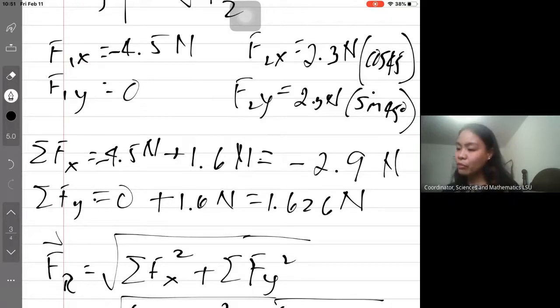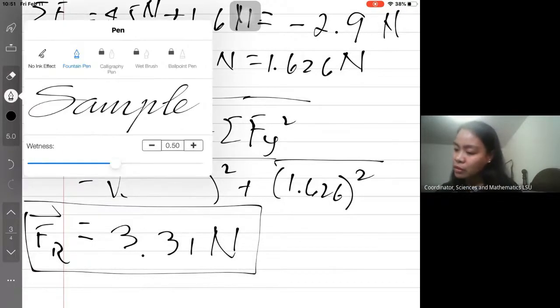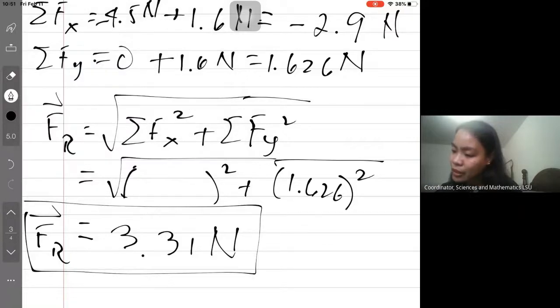Okay, so Fy is okay. Negative 2.9 here. Sorry, guys. So we have negative 2.9 squared. I have a check here. Okay. Plus 1.626 squared. And then you extract the square root.